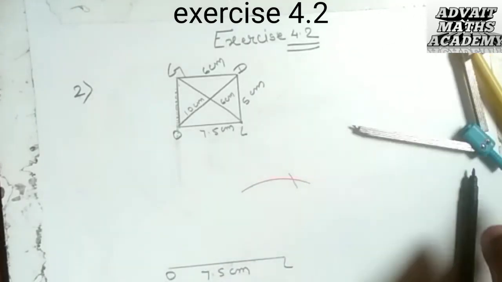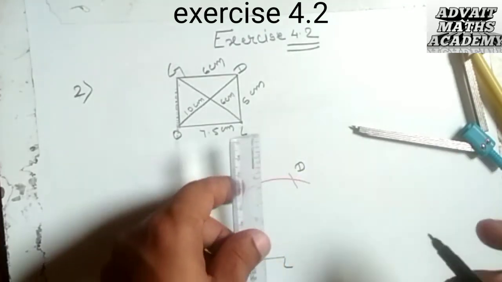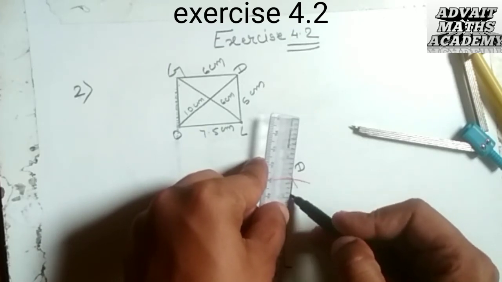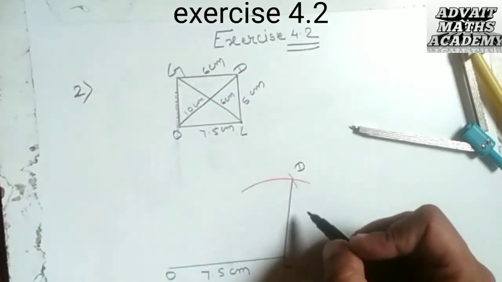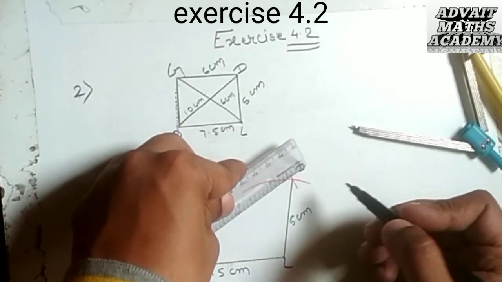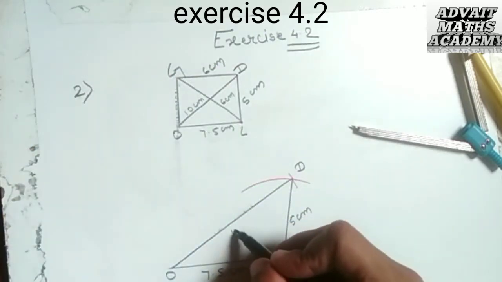This point is G. Join with the help of ruler. Five centimeter and OD 10 centimeter.